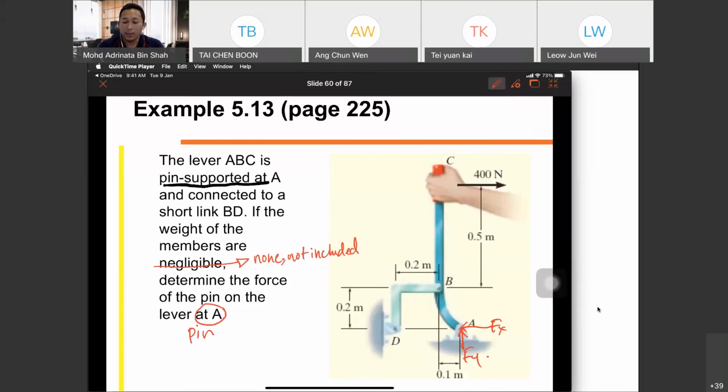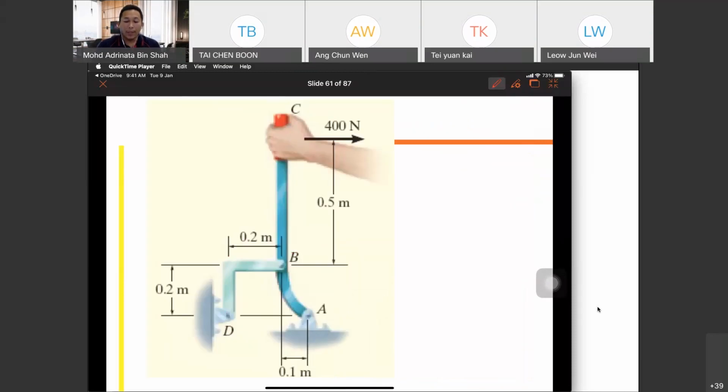Concurrent means intersect. The first thing is the free body diagram. You have a 400 Newton force acting on lever ABC and link BD.